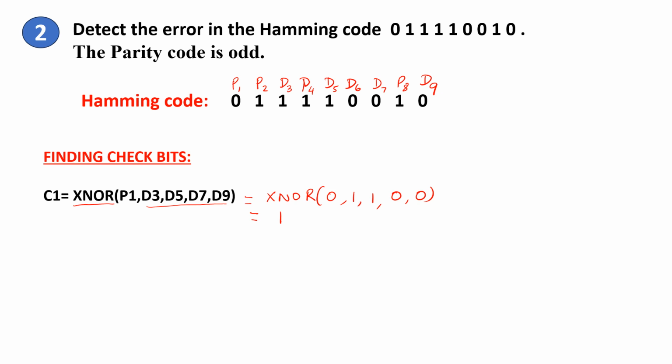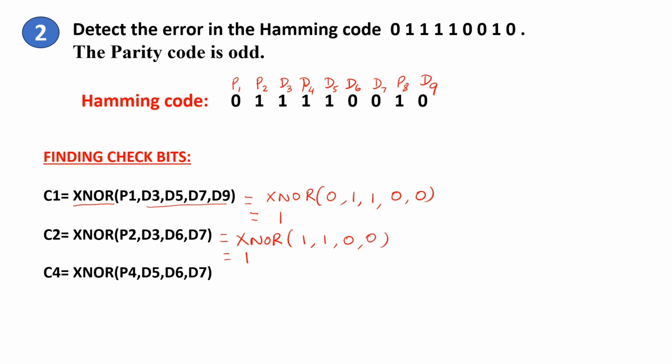Next is C2. This is equal to XNOR of P2 is 1, D3 is 1, D6 is 0 and D7 is 0. So even number of 1s, so the output of XNOR is 1.